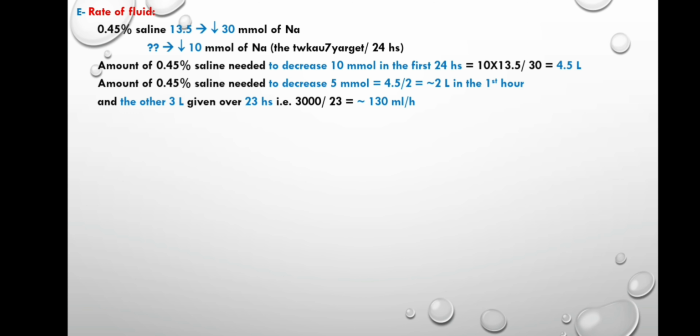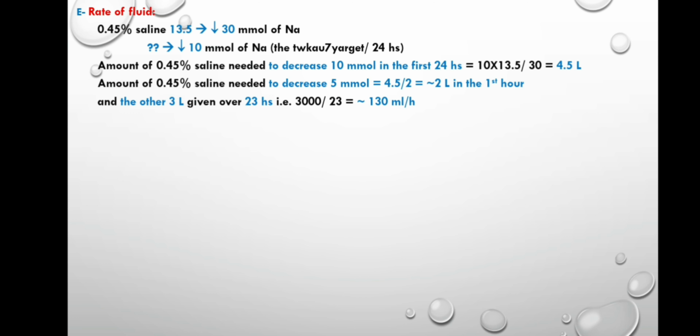As we mentioned, in this case the patient is symptomatic, with severe symptoms: altered mental status and seizure. So, as per new guidelines, you should decrease the sodium in the first hour by 5 millimoles per liter. This 4.5 liters will decrease 10, so 5 millimoles per liter is about half, about 2 liters.